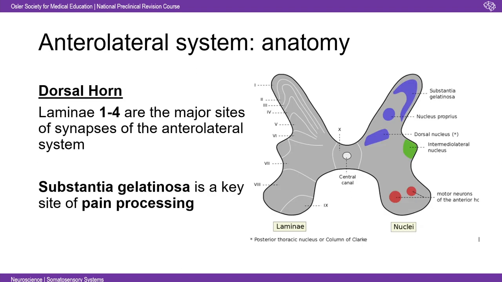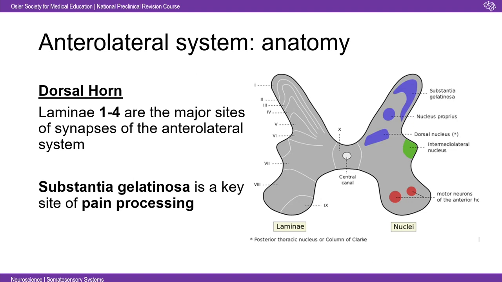So here it is. This is just the grey matter of the spinal cord. So you've got to imagine a circle around this with all the white matter tracts and things like that. So this is more the area of processing and synapses. You might be aware that the spinal cord grey matter is arranged in laminae, which is just layers. Laminae 1 to 4 are the dorsal ones in the dorsal horn.